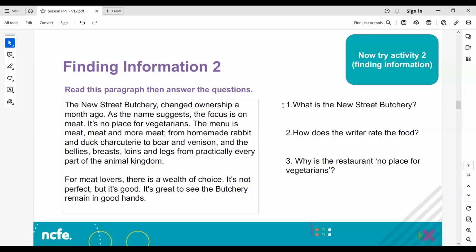Okay, so for this text, we can still use that scanning skill to find which part of the text we will find the answer, but we're using another skill for these questions, because we can't just find the answer directly in what is written in the text.